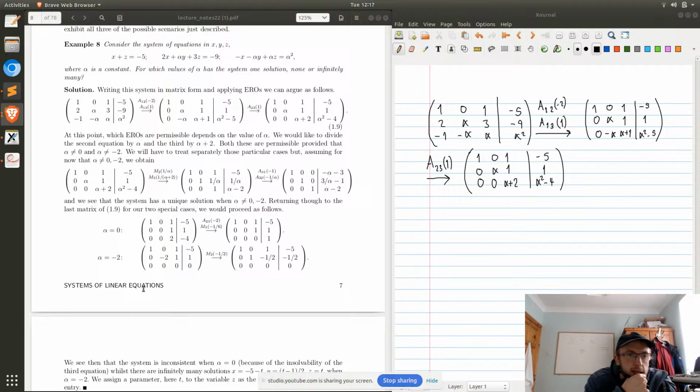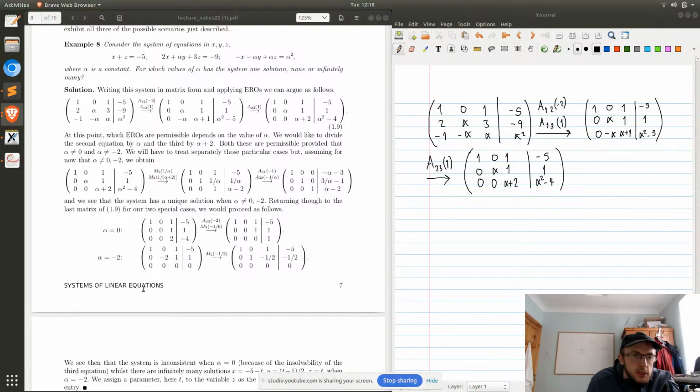Interesting, okay. So when they divide the second row by alpha and the third row by alpha plus 2, they get this.